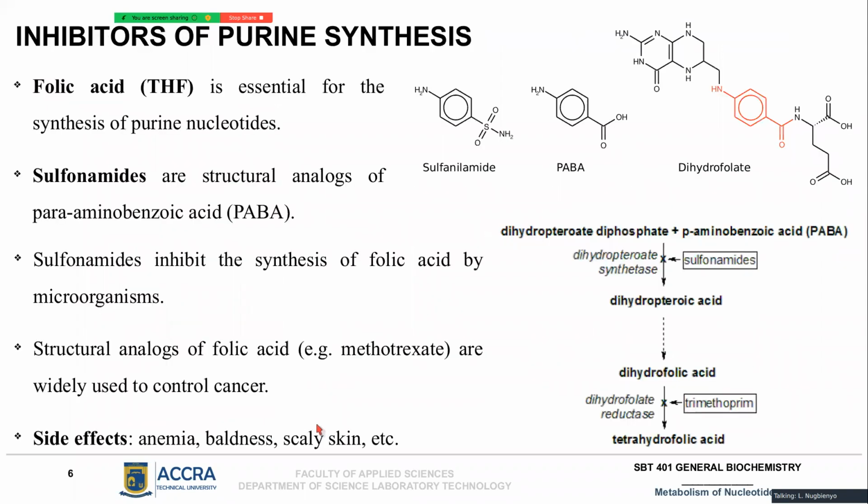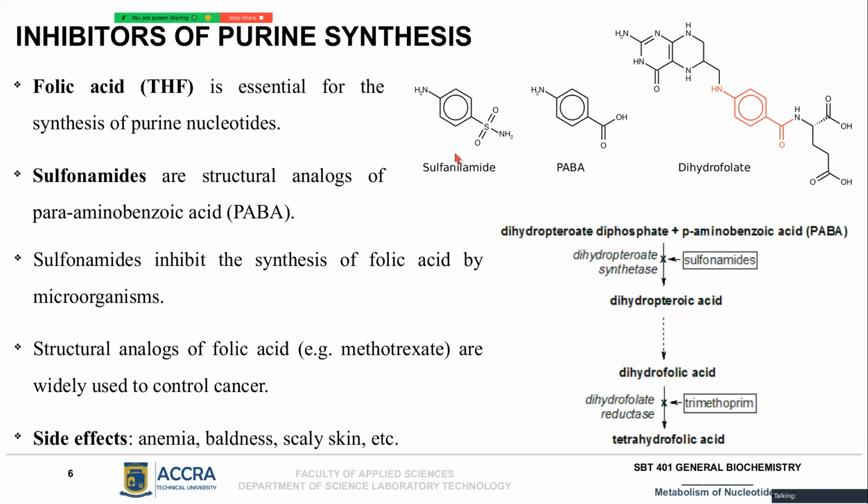Now, a bit of practical application of this knowledge of the synthesis of purines. There is this class of antibiotics referred to as sulfonamides, sometimes referred to as sulfanilamide. So sulfanilamide is a drug.